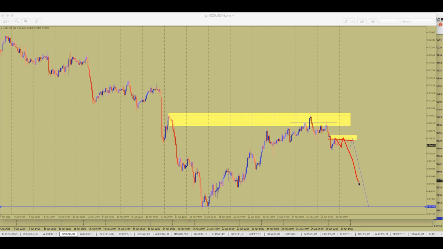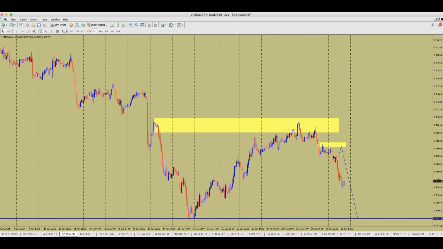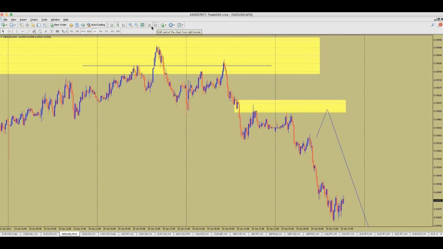So I wanted to see price get there, and I wanted to enter my trade going down to the downside, and as you can see, that is exactly what happened. Price made a push up there, and price is now all the way down there, and that's over 71 pips.